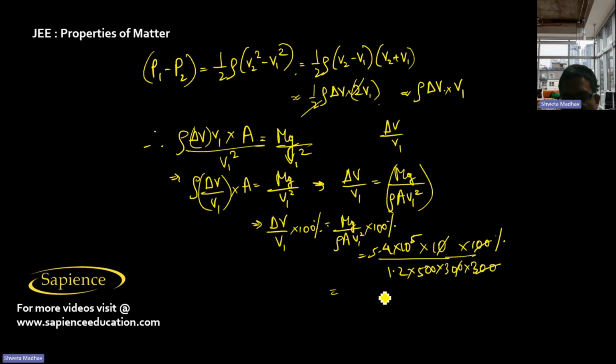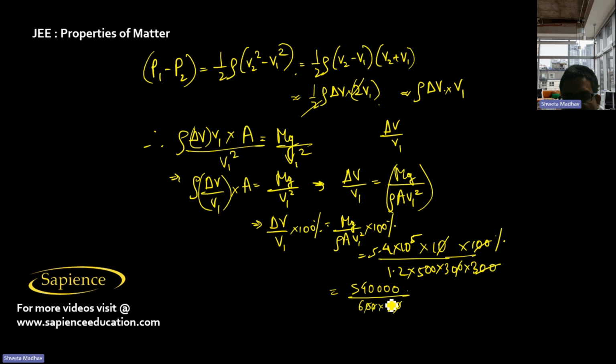This will be 5.4 into 10 power 5, divided by 1.2 into 5, which is 600 into 30.